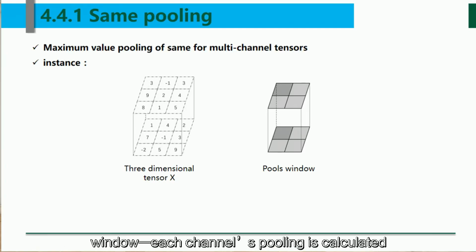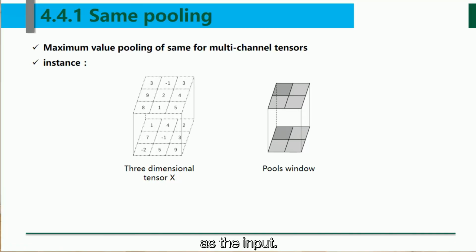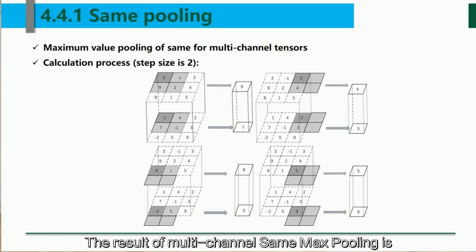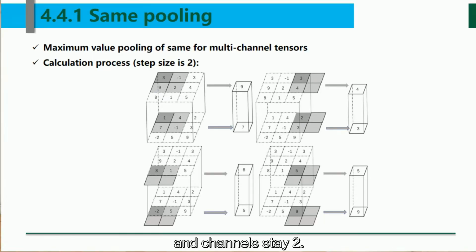Each channel's pooling is calculated separately, so the number of output channels stays the same as the input. The result of multi-channel same max pooling is a 2 multiplied by 2 multiplied by 2 tensor, height and width reduced to 2 due to step size 2, and channels stay 2. Values like 9, 4 in the first channel, and 8, 5 in the second channel are the max values per window.